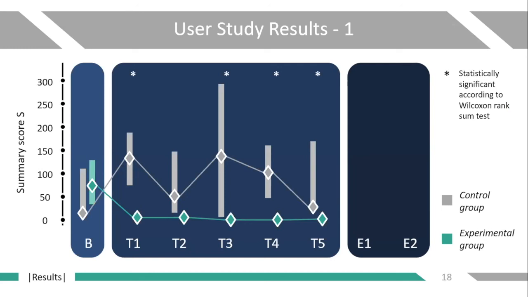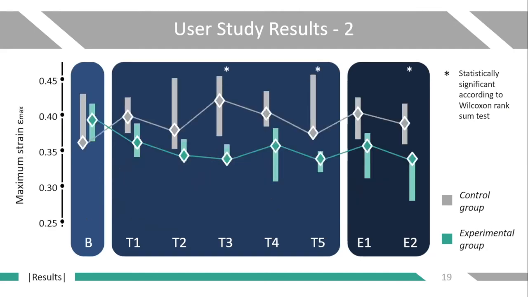But still, perhaps the most interesting thing is the fact that even when we removed the concurrent feedback from the experimental group, it maintained similar values that are also better than the control one.